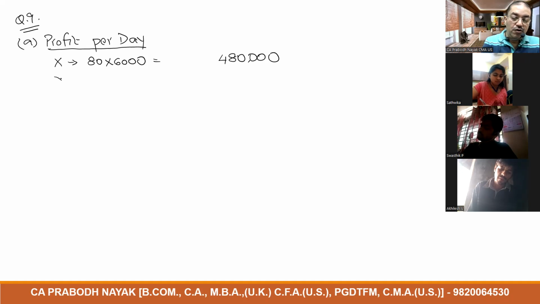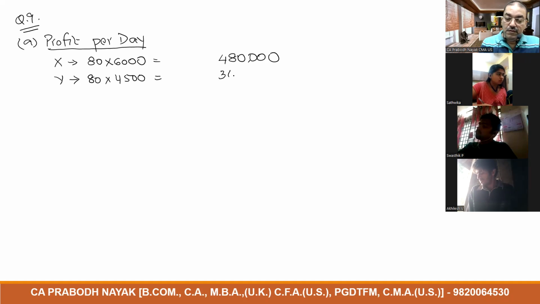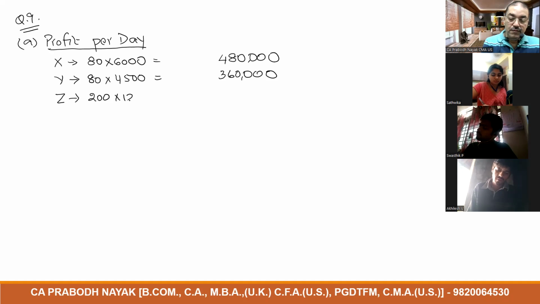For Y we have contribution of 80 into 4,500 units. And for Z we have 200 into 1,200. That is 2,40,000.